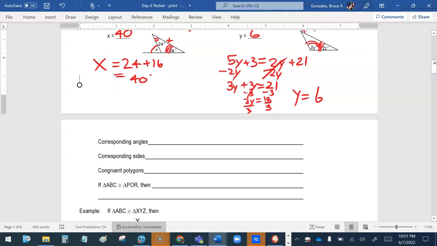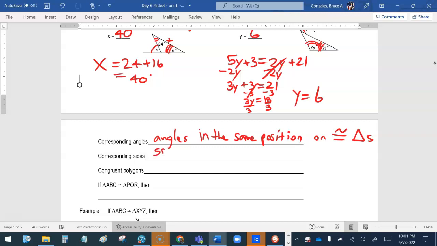But for corresponding angles, okay, corresponding angles are angles in the same position on congruent triangles.